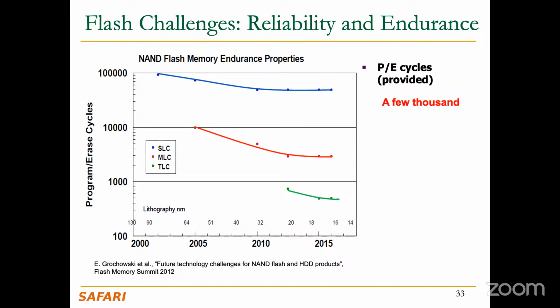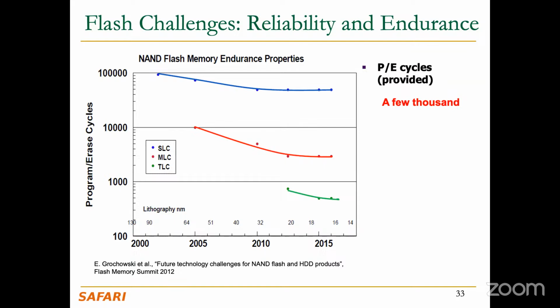The reason is that program erase cycles affect the margin between your states, the threshold voltages, which get closer and closer. With an SLC flash chip, you have more space, more gap between two margins, so you can tolerate a higher number of program erase cycles. But when you use MLC, you have smaller margins, and basically you will have less endurance.